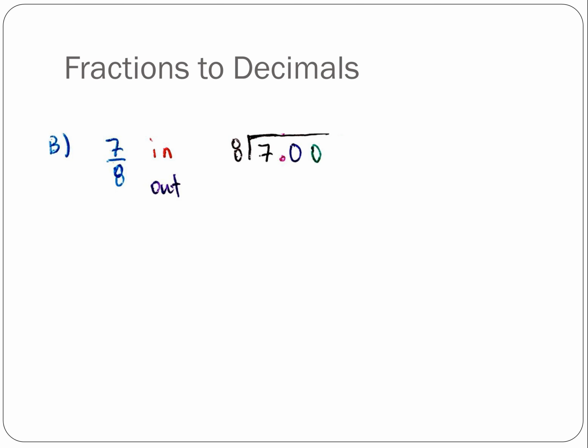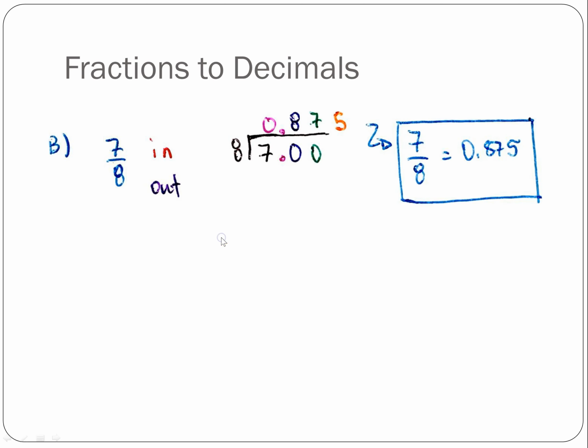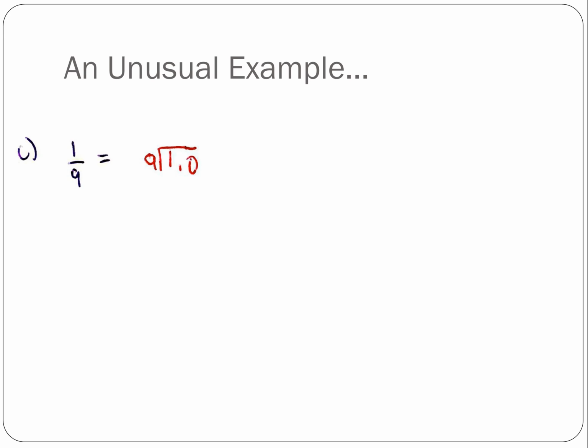And if you actually did the work here and showed that it is equal to 0.875 or 875 thousandths, then you are absolutely correct. Remember, it's the work that's important. So I'm not showing it on the screen. You need to have it in your notes. And of course, 7/8 is equal to 0.875 or 875 thousandths. Excellent.